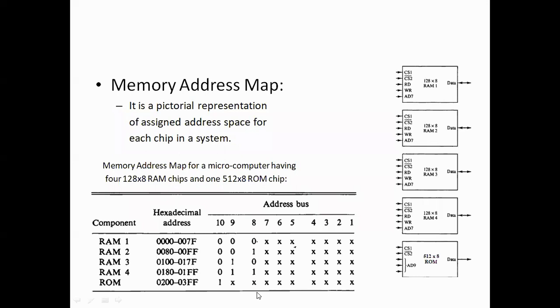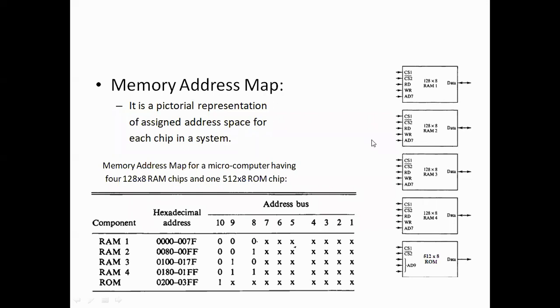Now, since there are many RAM chips and also a ROM chip, how will the computer distinguish between the various RAM chips? For example, the CPU gives some address. It says I have to access address number 99. Now a confusion arises: the 99th address of which RAM? Whether the 99th address of this RAM or this RAM or this RAM or this RAM.